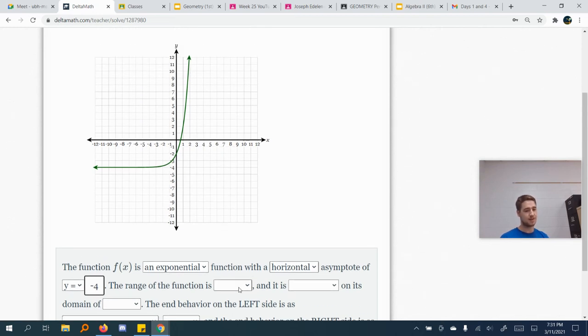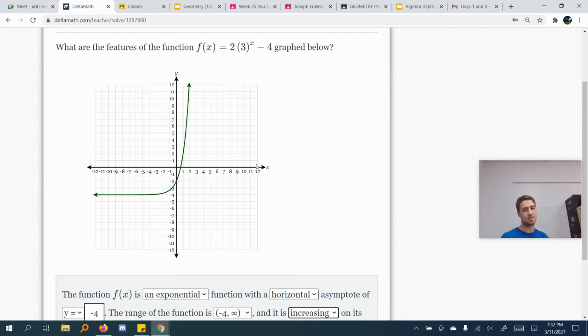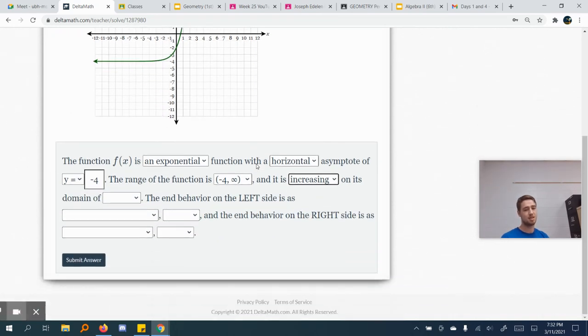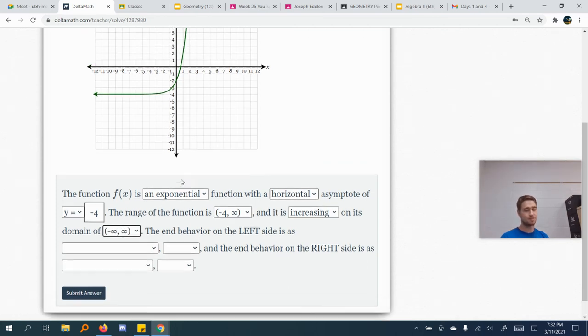The range of this function is everything above that, so (-4, infinity). And it is increasing. We can tell a little bit more easily with this exponential than some of the others on its domain of everything. You can plug anything into an exponential.